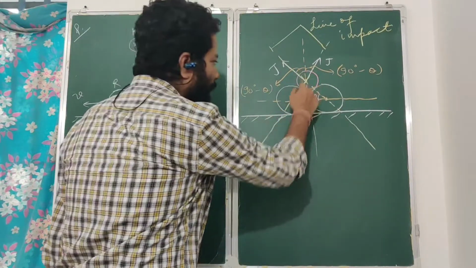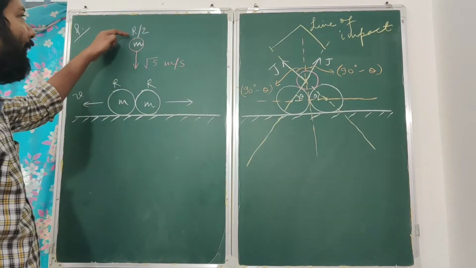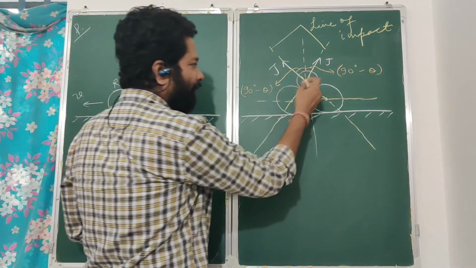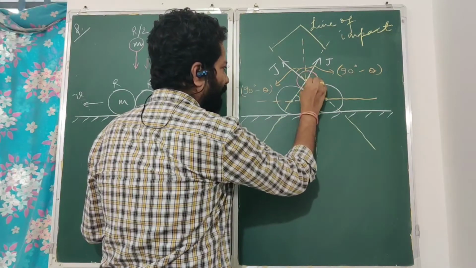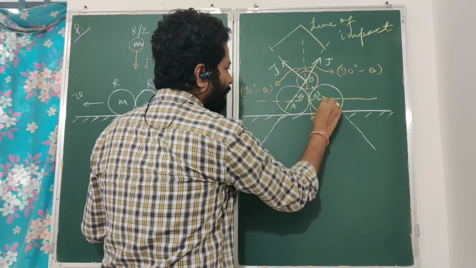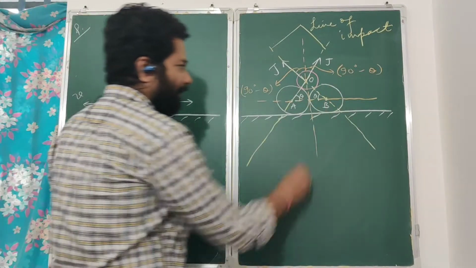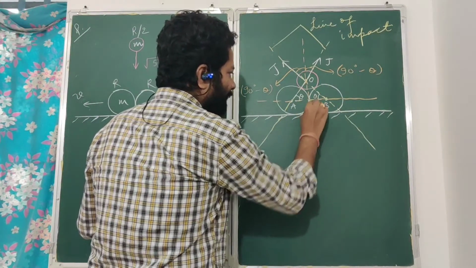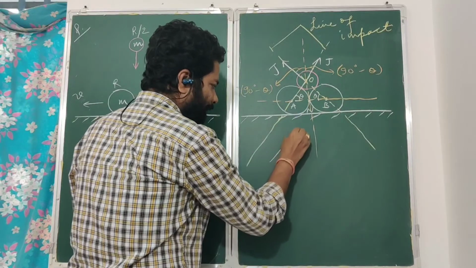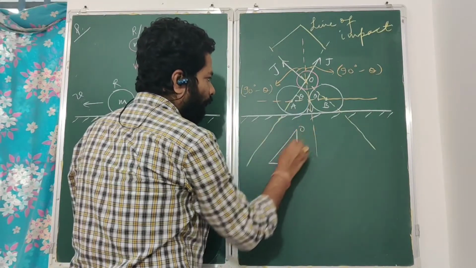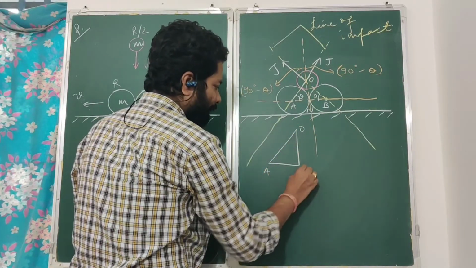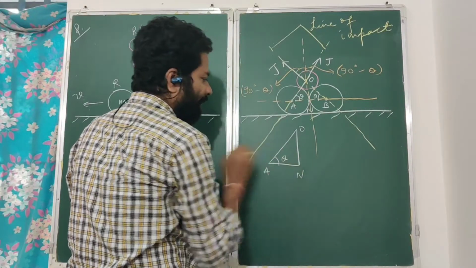So if you talk about the ball having the smaller radius r by 2, now if you see this triangle, let us say I name it as O, A and B, and this point is, let us say, some N. So if I take the triangle O, A and N, and let us say this angle is theta.